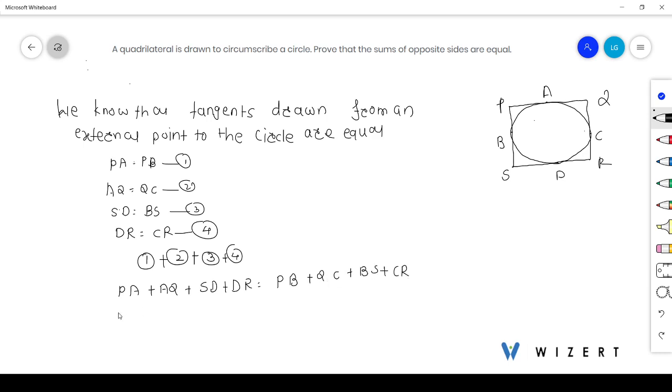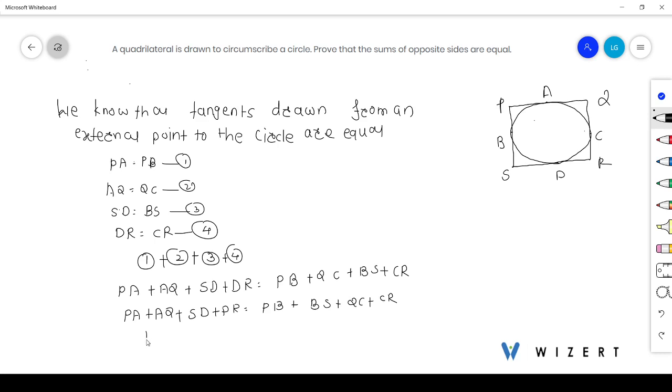We can write this as PA plus AQ plus SD plus DR equals PB plus BS plus QC plus CR.